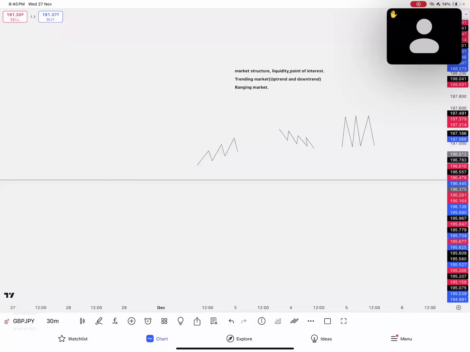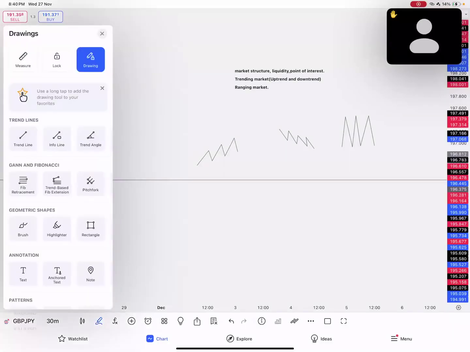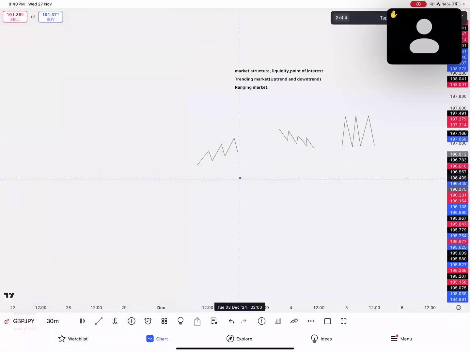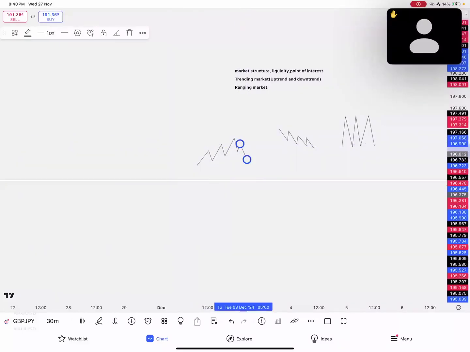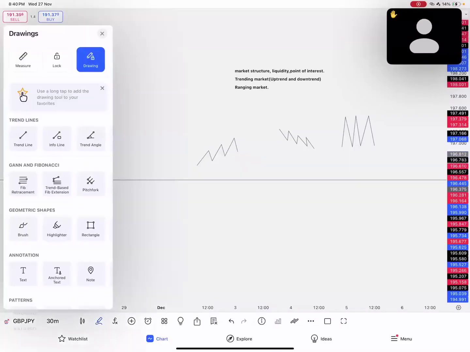If the market is making higher highs and higher lows, and then comes here, makes a lower low and goes down, this is a structure shift. Understand? And if it does it in the opposite direction, making a lower high, that's also a structure shift.